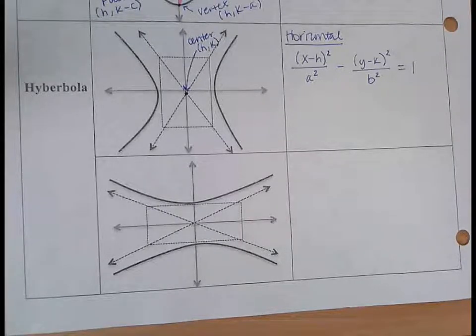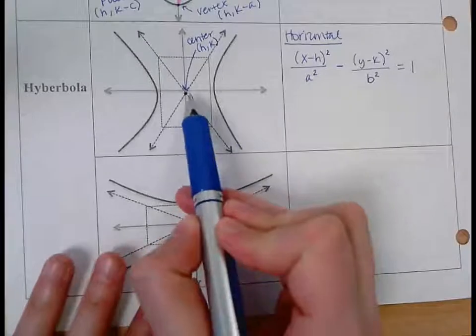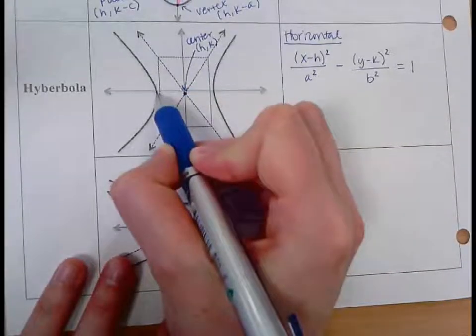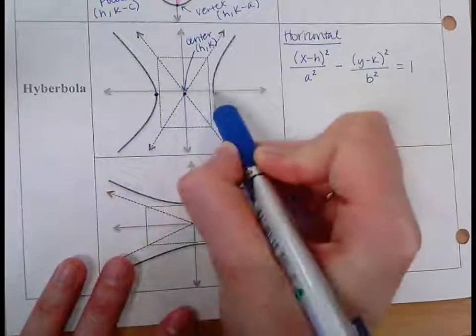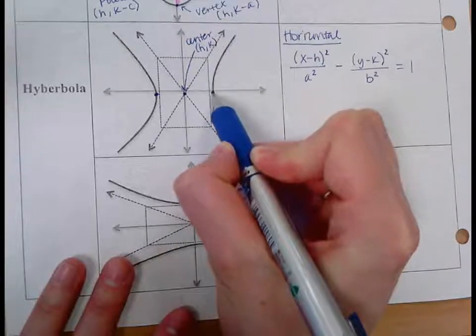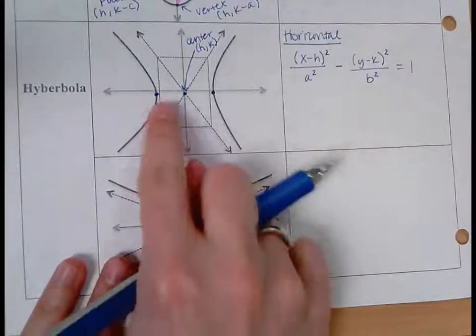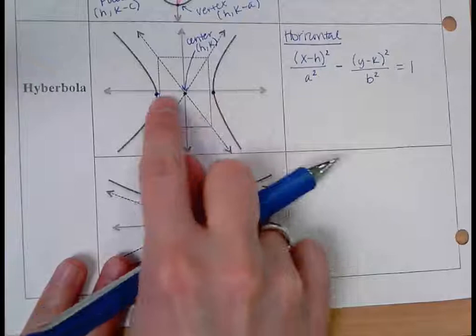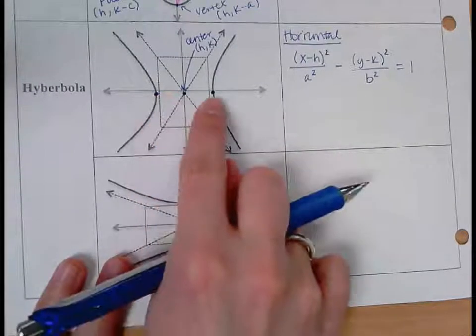And then we'll label the vertices and the transverse axis. So the vertices are just like where you would see a vertex on a parabola. Each one of those curves has a vertex.